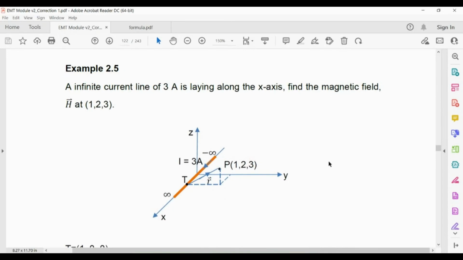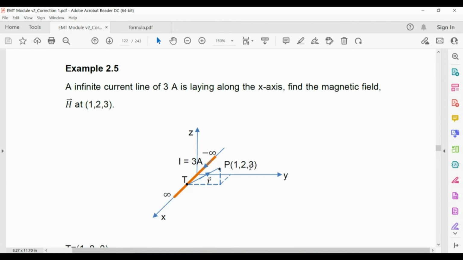Let's look at this one, Example 2.5. You have an infinite current line of 3 ampere. You can see the symbol, this is towards the positive infinity and this is from the negative infinity, and the current is flowing in the positive x direction. Find the magnetic field H at this point.